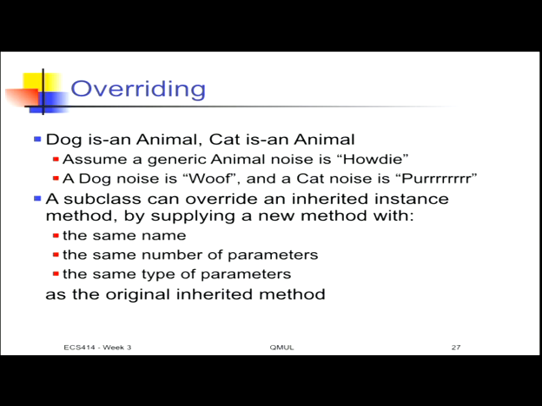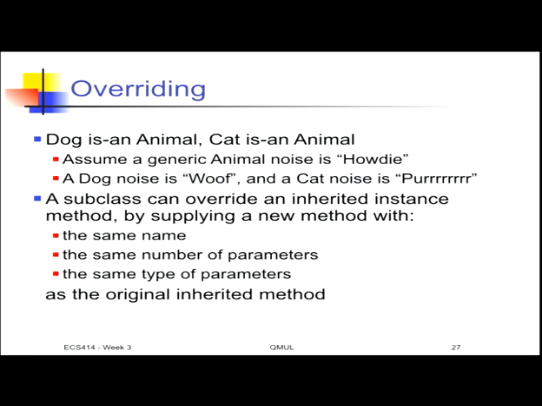And this is an important concept, and goes under the name of overriding. Yeah? So don't confuse overriding with overloading. They are completely orthogonal. Overloading, which we saw in week 1, is to use the same name for a method, as long as you make differences in the type or number of arguments.